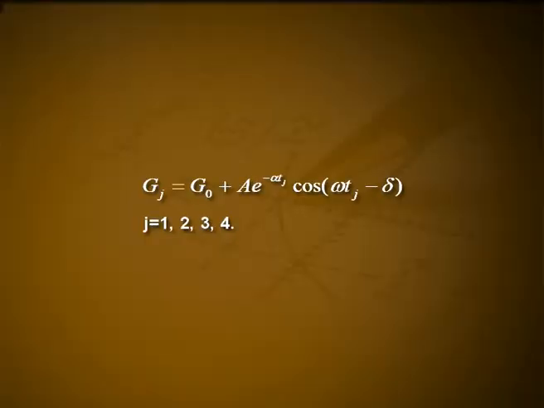Next, if we take 4 additional measurements G1, G2, G3 and G4 of the patient's blood glucose concentration at times T1, T2, T3 and T4, then we can determine a, alpha, omega naught and delta from the 4 equations Gj is equal to g naught plus a e raised to minus alpha Tj cos omega Tj minus delta for j equal to 1, 2, 3 and 4.